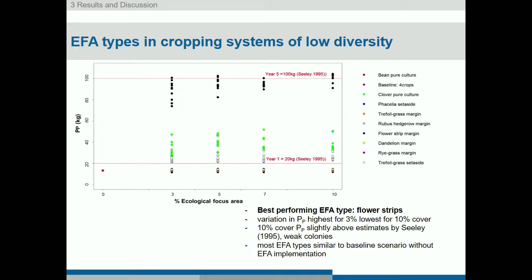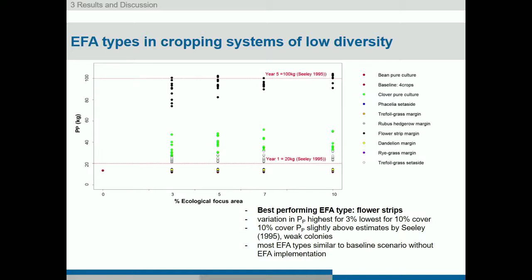For example, if we implement bean cultures as nitrogen fixing crops or grass margins, there is no change at all in this productivity. The red dashed line indicates the empirical threshold of the pollen requirements of a viable honeybee colony over the simulation time.